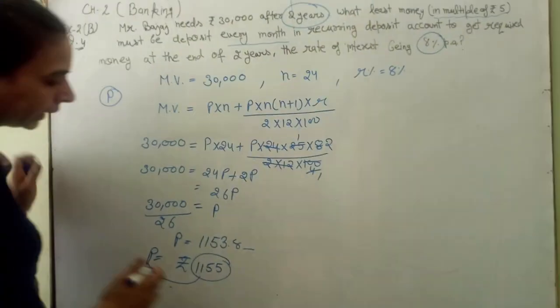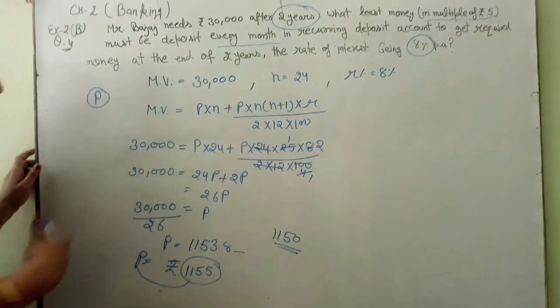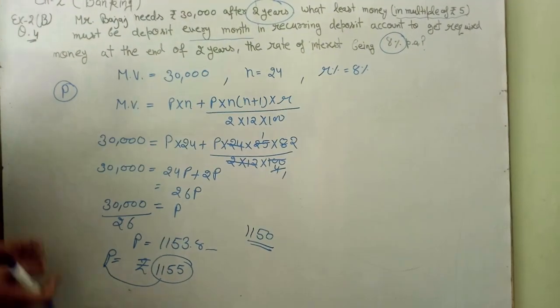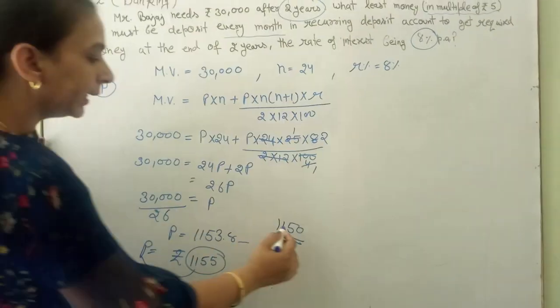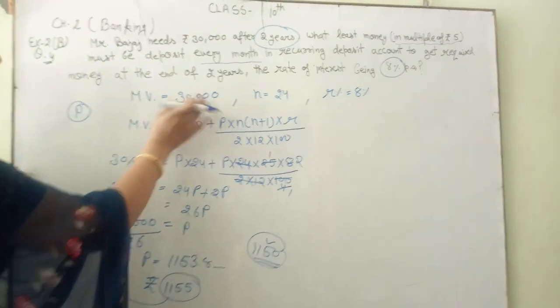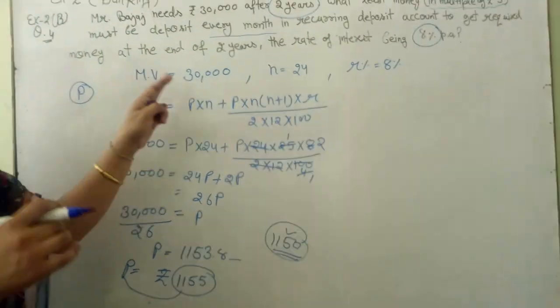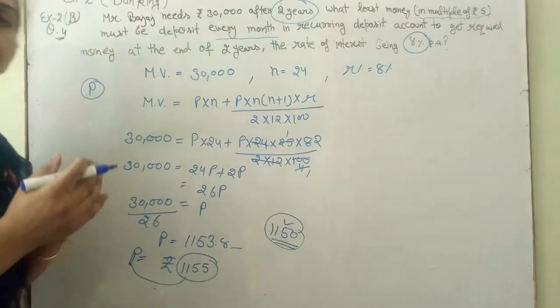Student, you think 1150 is also a multiple of 5? If we take 1150 rupees, this is also a multiple of 5. Why do we take 1155? If we take this monthly installment, then maturity value is not equal to 30,000, but less than 30,000 rupees. But Mr. Bajaj needs 30,000 rupees.